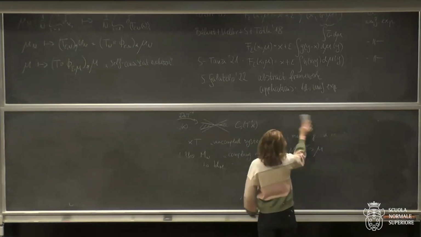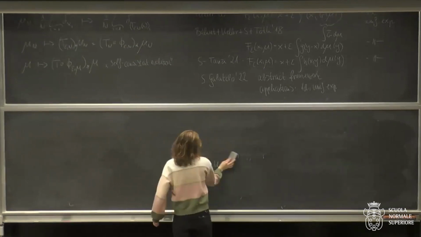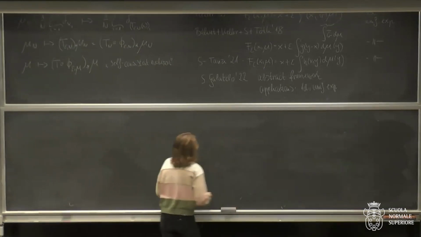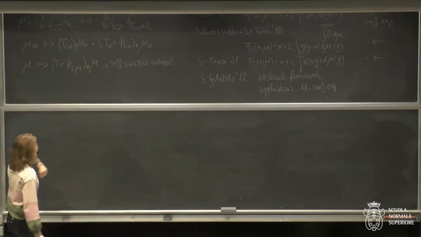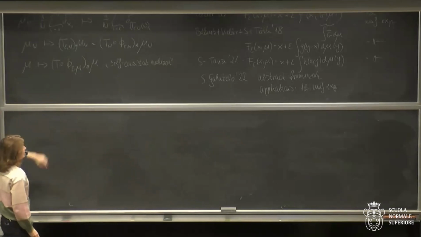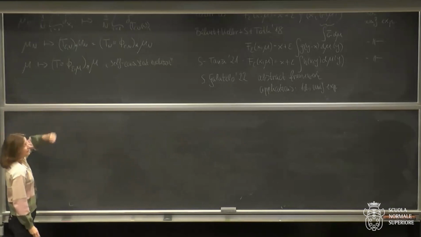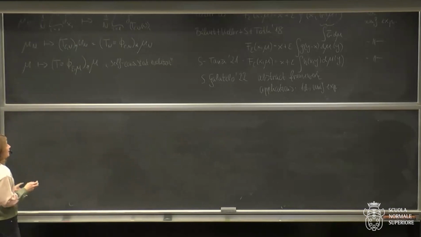So what these results show is the existence and uniqueness of a fixed point of this self-consistent evolution, dynamical stability. So if we start from a mu that's sufficiently close to the fixed point, we are going to converge to it by this self-consistent evolution. And also statistical stability, so that if I change epsilon a little bit around, then the fixed points of these self-consistent evolutions are going to be close.